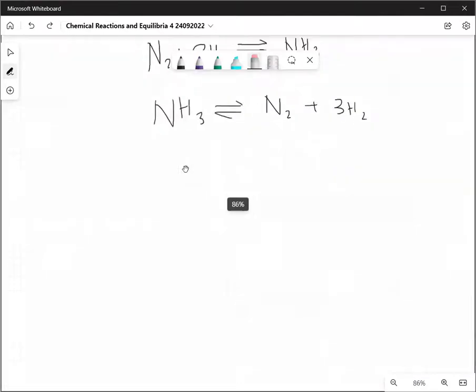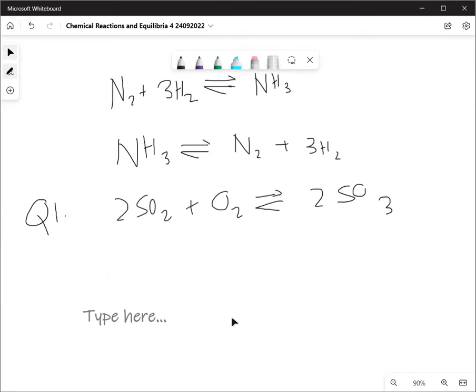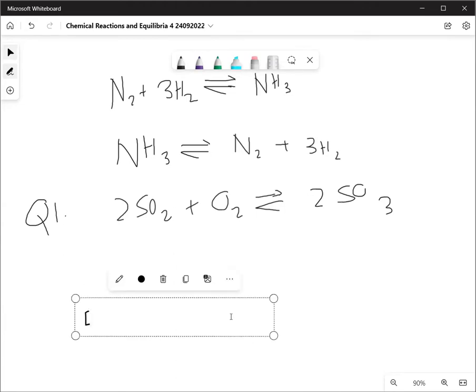Now let's try questions on just this. Now you tell me if you have a question like this. Let's say 2SO2 plus O2 gives us 2SO3. Now, let's say I'm increasing concentration of SO2.